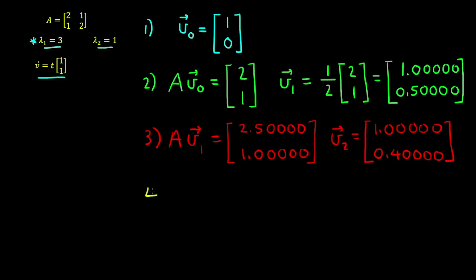And let's do one more. So we have A multiplied by V2. So that gives 2 by 1 plus 1 by 0.4, which is 2.4. And 1 by 1 plus 2 by 0.4, which is 1.8.